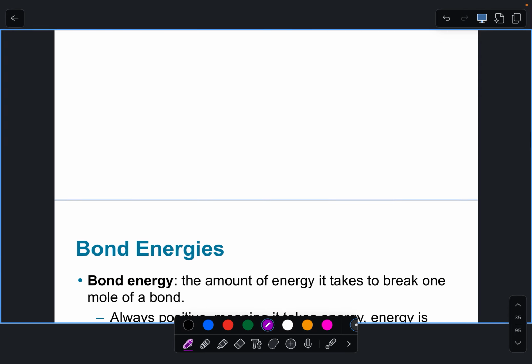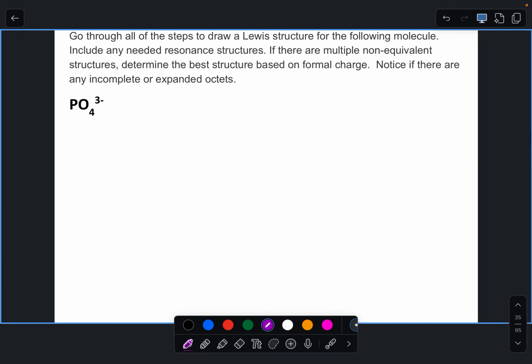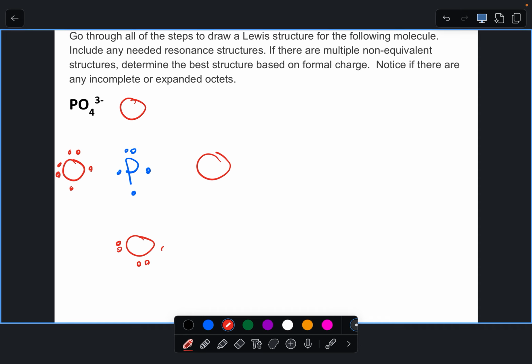So for the last one, let's do this one, PO4 3-, and we'll do it together for the sake of time. Okay, so it's a 3-, meaning we've got 3 additional electrons. The oxygen is more electronegative, so I'm going to add it to the oxygens. So I'll do those in purple.